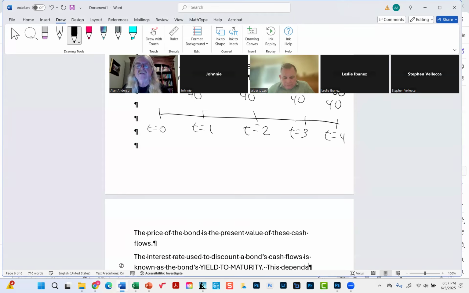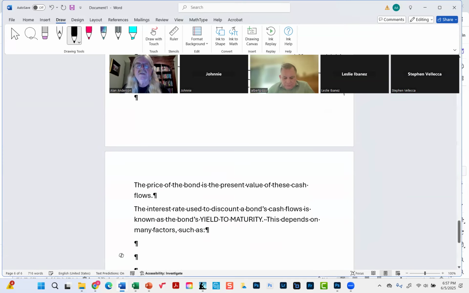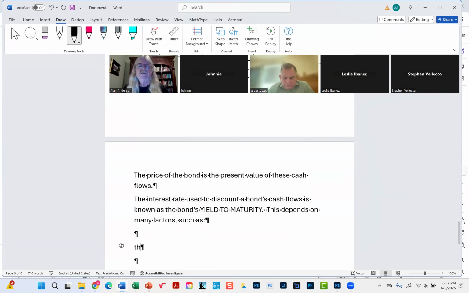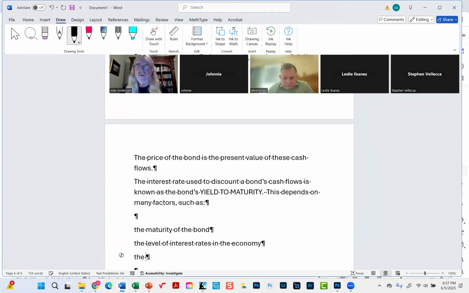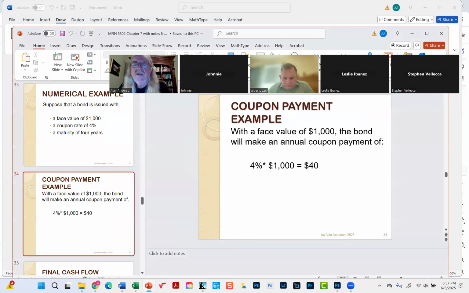This depends on many factors, such as the maturity of the bond, the level of interest rates in the economy, the credit risk of the corporation or the issuer. Okay, so now you can look it up in the Wall Street Journal. For any corporation, their yield should be listed there. But in this example, we're going to assume 4%.